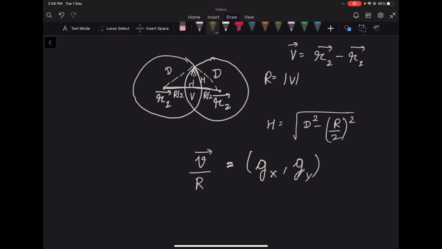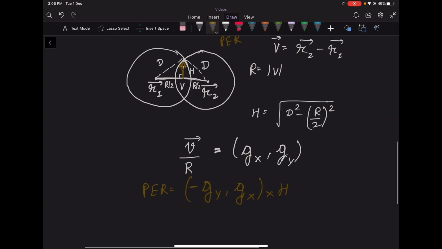Let's call it PER, the perpendicular vector. So the perpendicular vector will be minus gy comma gx, since the dot product will be 0: minus gx gy plus gx gy, the dot product will be 0. So this will be a perpendicular vector, but this is a unit vector, so we'll multiply by h, since the modulus is h.